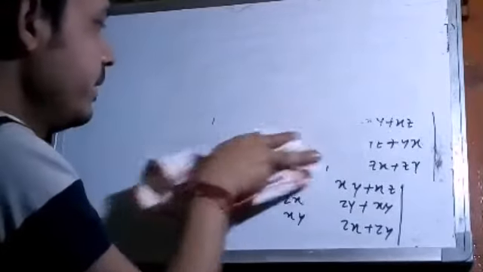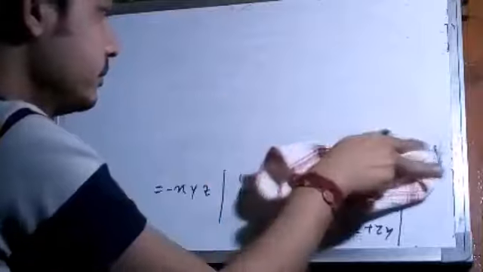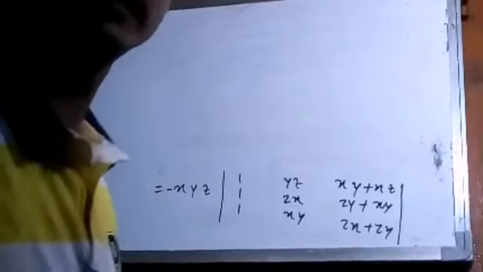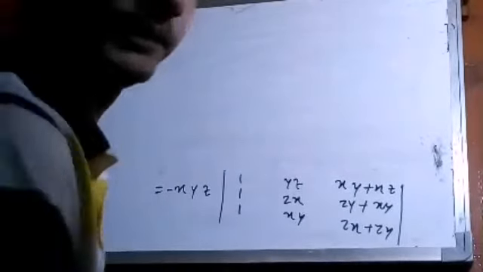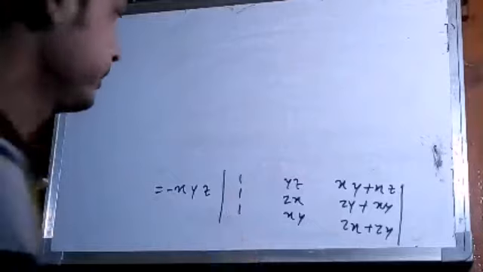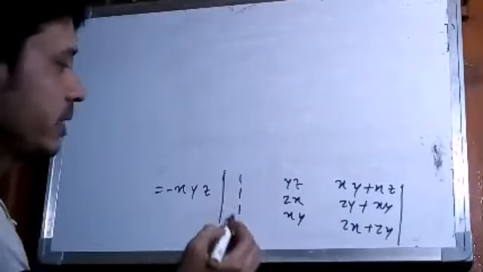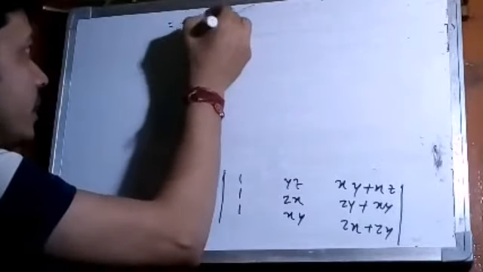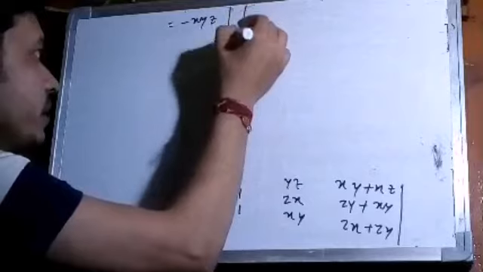So now we continue the sum. Now we have to make it 1 0 0. So this is equal to minus xyz determinant, it will become 1 0 0.